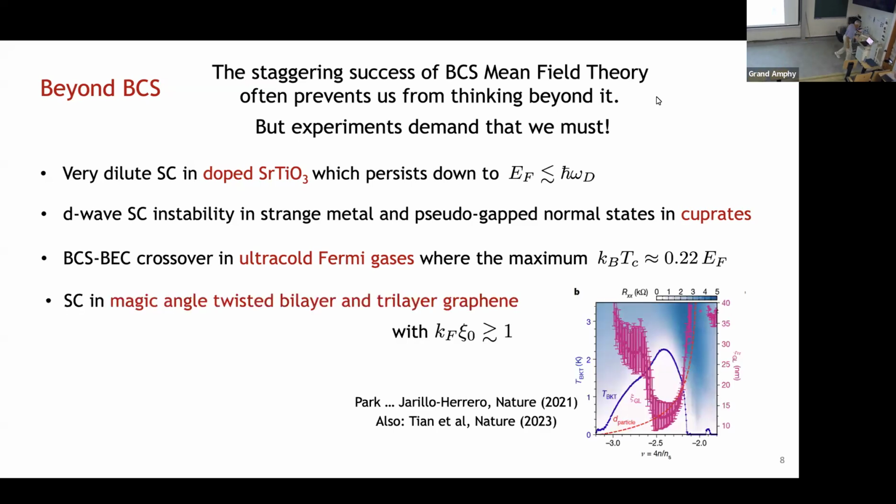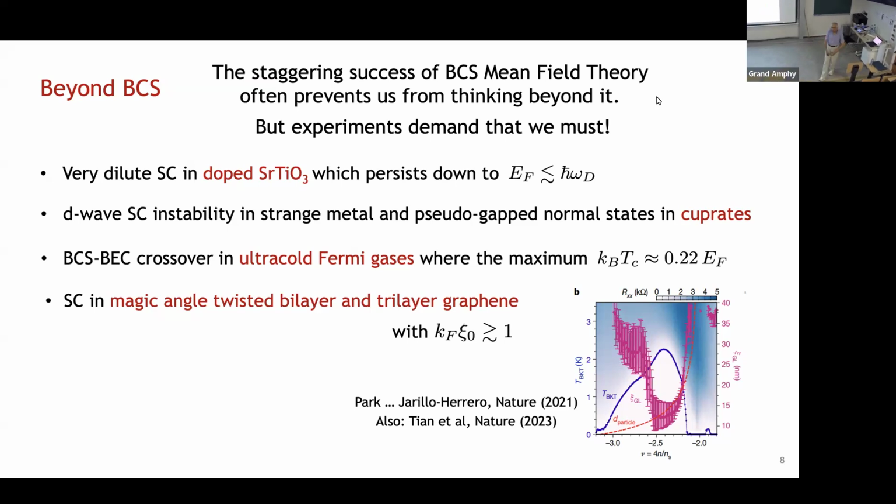Or let's look at superconductivity in magic-angle twisted bilayer and trilayer graphene. I show some data from Pablo's group, but there's also work by my colleagues which is very similar. Here they're plotting in pink the coherence length as measured from the upper critical field, and they are comparing it with the interparticle spacing, or kF inverse.